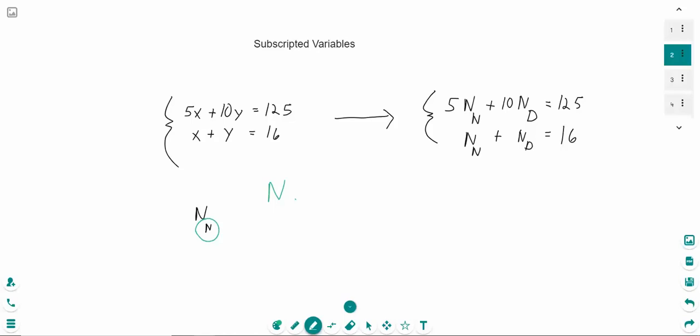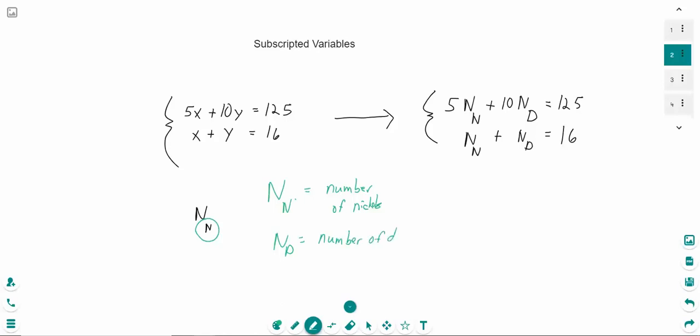We have to distinguish between the different n's. So n sub n is going to represent the number of nickels, for example.